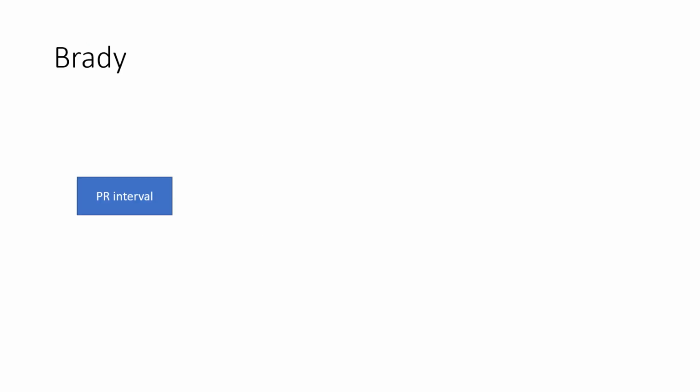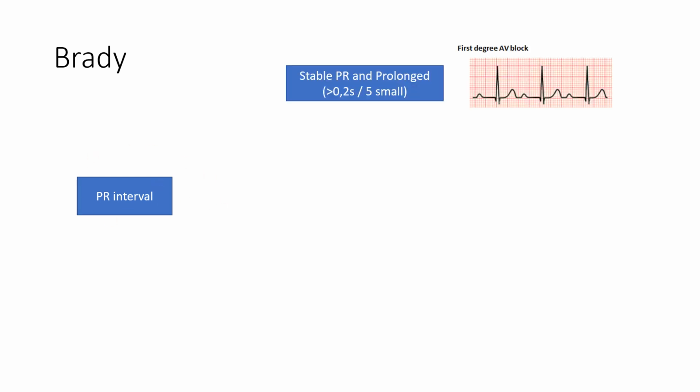All right. So for bradycardia, you only have to look at the PR interval. If there are no PR problems, then it's a sinus bradycardia. You have to look at, is the patient cold? Are they taking drugs like beta blockers and so on?